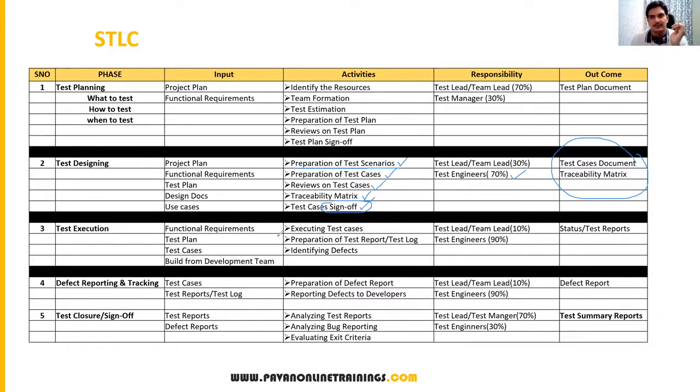So in this phase, what are the input documents we have to refer? Functional requirements, test plan document, and test cases. These are the documents which are already prepared in the earlier phases. Apart from this, the main thing is the build from the development team.